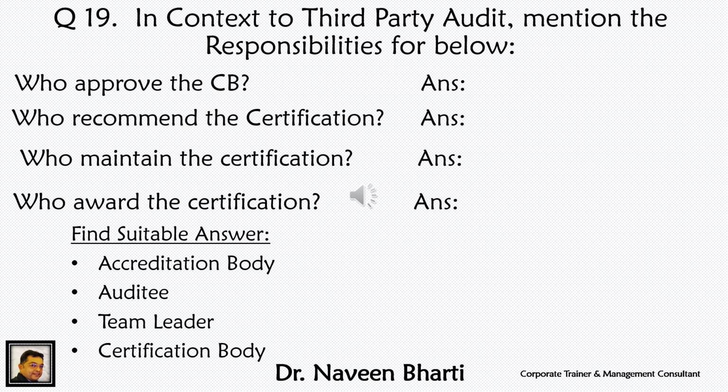Now, in context to the third party audit, let us understand a few responsibilities like who approved the CB, who recommended the certification, who maintained the certification, and who awarded the certification.